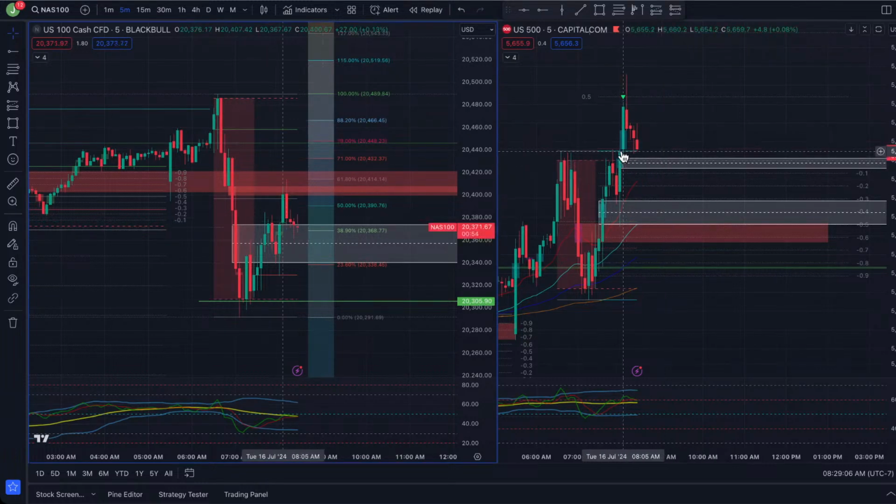We're having a second candle rejection here off the top of the range. We have 50 seconds left before that candle closes. Let's see where the body closes.